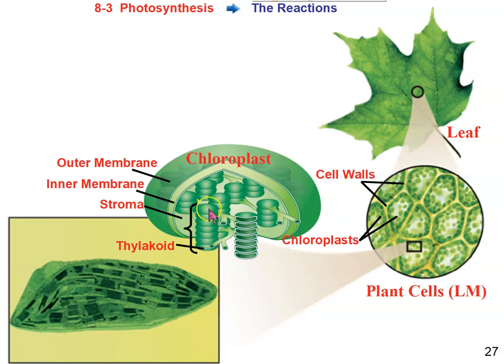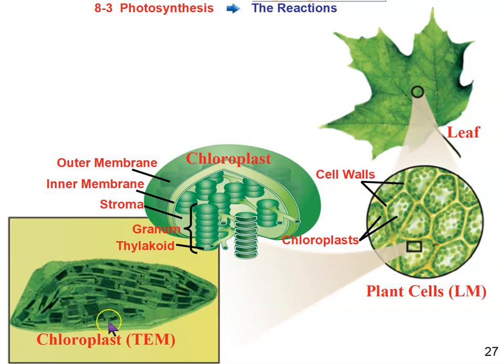And the whole stack of discs, the whole stack of thylakoids, is referred to as a granum, but collectively they would be called grana. In other words, plural would be grana. And then if we take a look at the individual thylakoids and we cut them open, you can see that they are actually hollow inside.